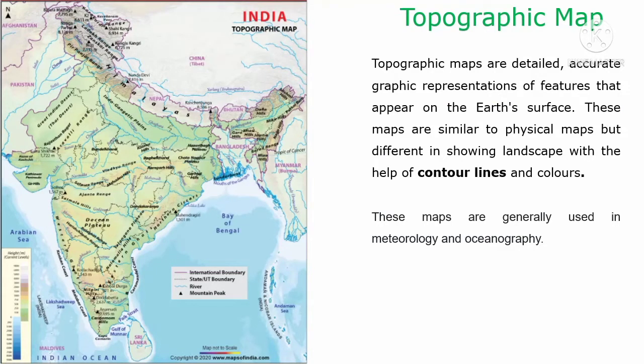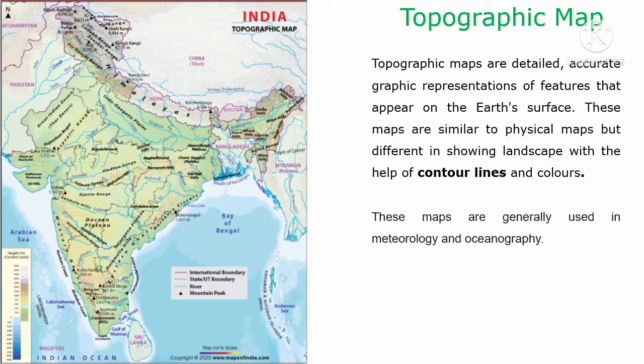Next, topographic map. Topographic maps are detailed and accurate graphic presentation of features of the Earth's surface. So both are the same. The physical and topographic maps are similar to one another.